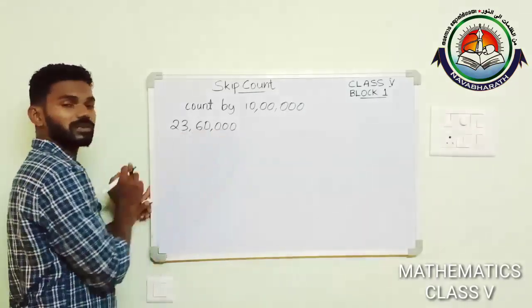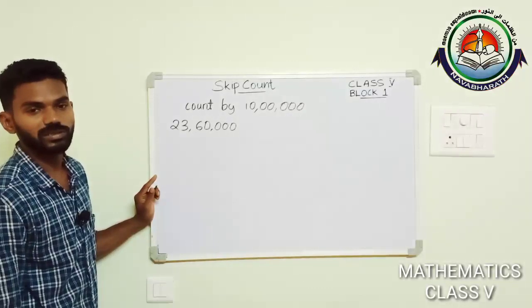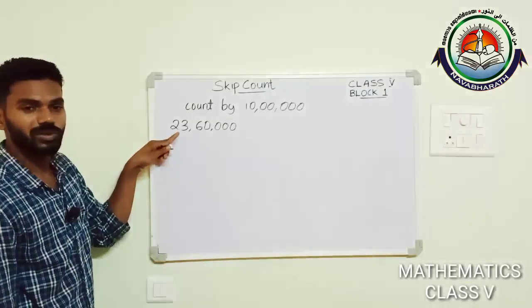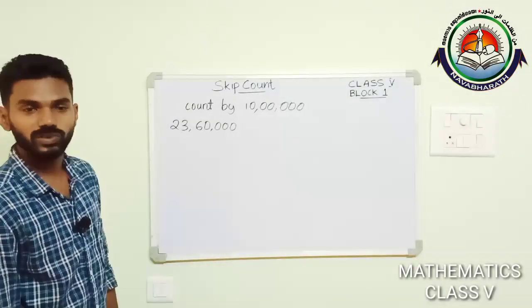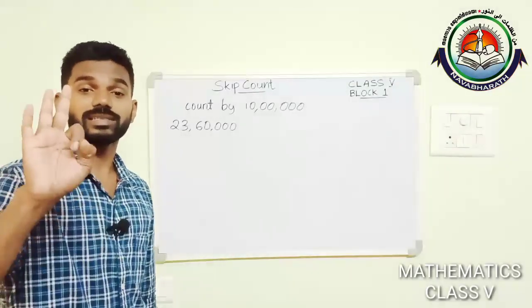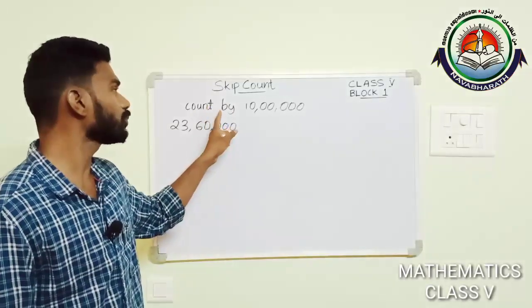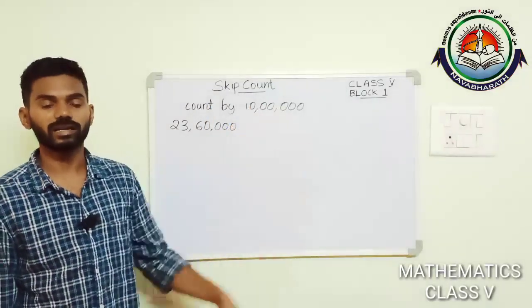So this can be read as 23 lakh 60 thousand. And from this 23 lakh 60 thousand, you should say what are the next 3 numbers after doing a skip count by 10 lakh.